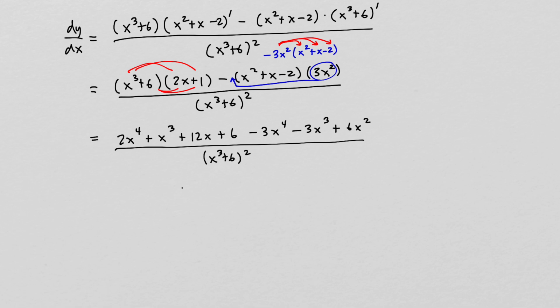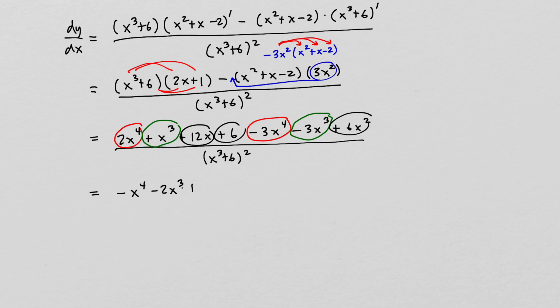Now we'll just combine like terms, and so we have 2x to the 4th, take away 3x to the 4th. That gives us negative x to the 4th. And then we have positive 1x cubed and negative 3x cubed, which is negative 2x cubed. And then we have plus 6x squared plus 12x plus 6.